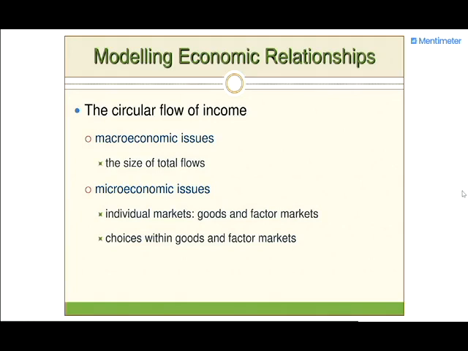And then the microeconomic issues are the individual-level issues related to goods and factor markets, such as choices of production. For example, what we could produce is a microeconomic issue, or how much labor I could provide, for example, to earn money. So choices within goods and factor markets involve microeconomic issues. We'll be studying this in due course as we progress.